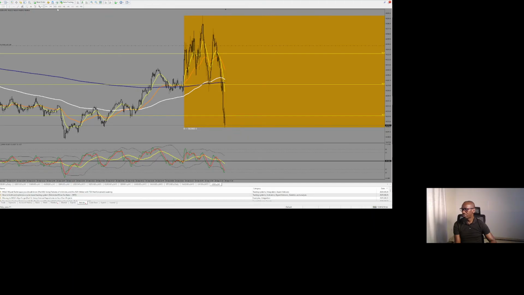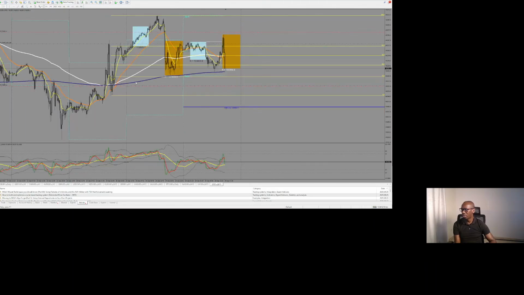So what happens when I see such a price action? Then what I want to do is I want to really move this take profit so that I can take advantage of the full profit that's being offered by this move.